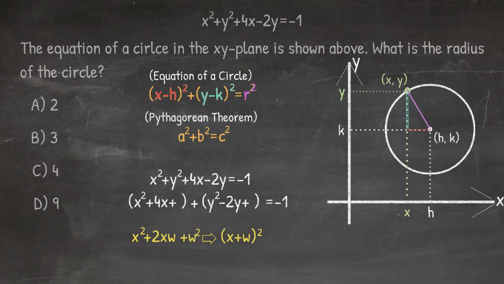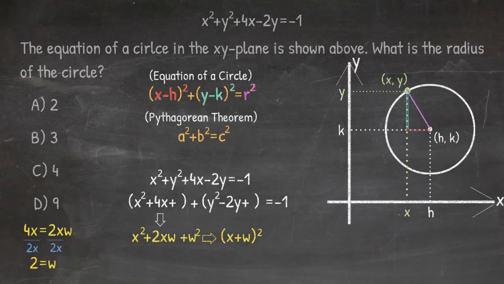Let's refer back, and we have x squared plus 4x formed already. If we were to create a square of the binomial, we might assume that 4x equals 2xw in our case. Let's solve for w. 4x equals 2xw. And if we divide both sides by 2x, our w would be equal to 2.